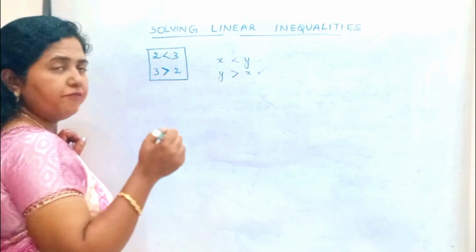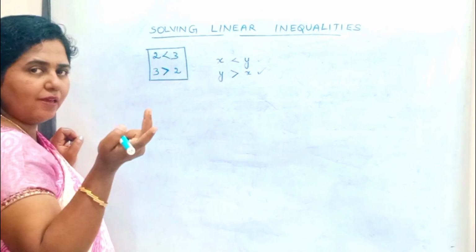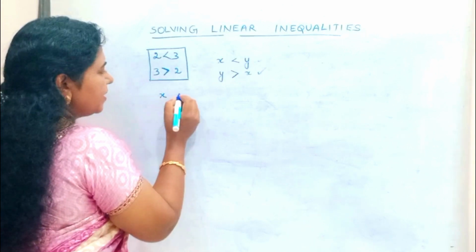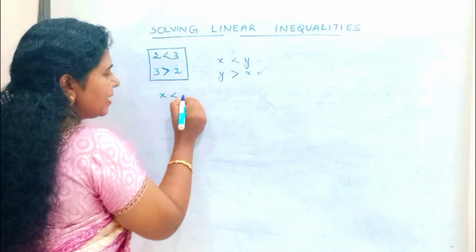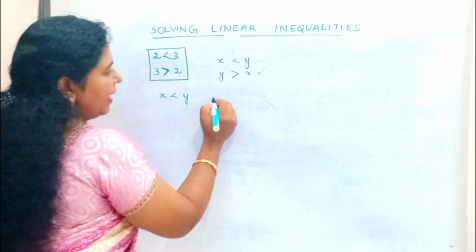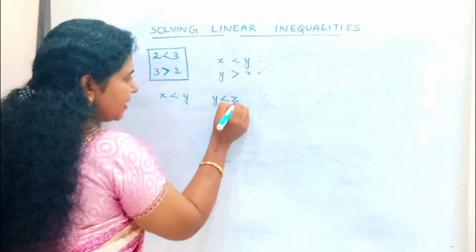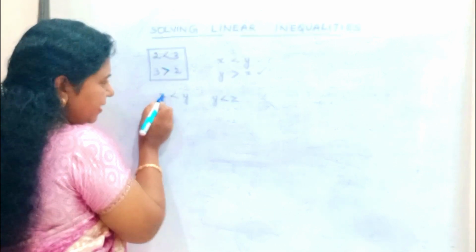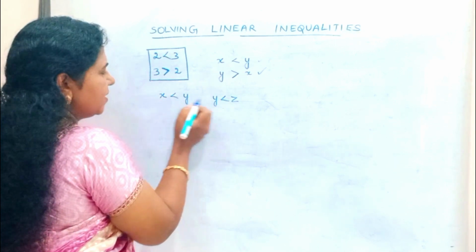Okay, now if we are having two inequalities, we can see what we have to do. That is, if it is given in this way, x is less than y and y is less than z, then we can combine these two inequalities. So here it is less than symbol, here also it is less than symbol.